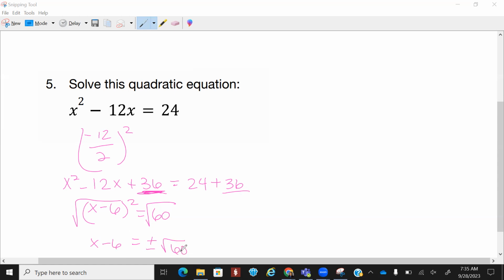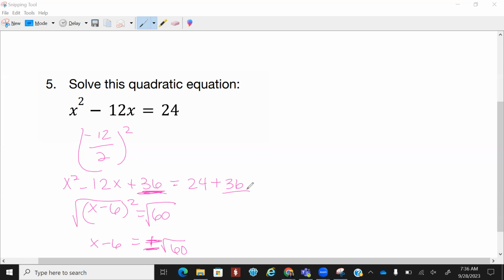When you complete the square, you need to have 2 solutions, unless underneath here, it's a 0. I need you to know that there is a positive and negative version when you take the square root. Okay?